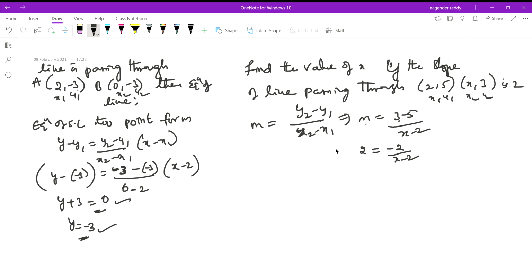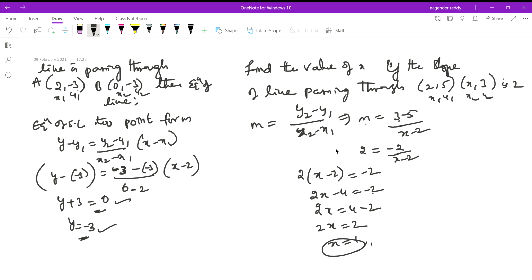Now take cross multiplication: 2 into (x minus 2) is equal to minus 2. 2x minus 4 is equal to minus 2. Then 2x is equal to 4 minus 2, it should be minus. So 2x is equal to 2, then the x value will be 1.